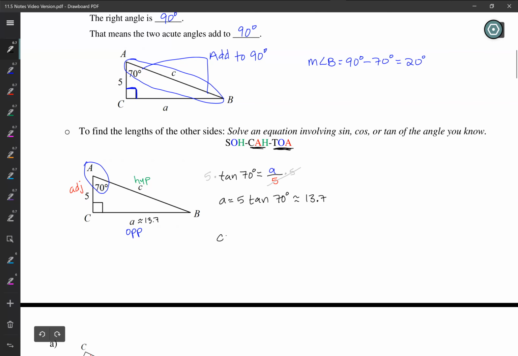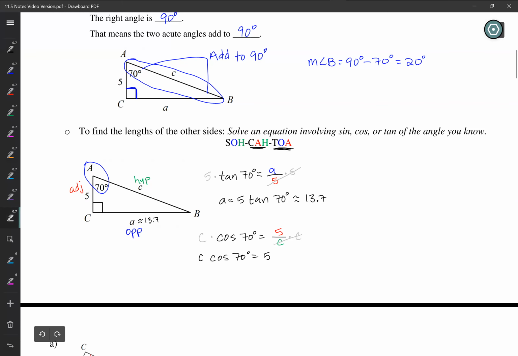So the cosine of my angle, 70 degrees, equals adjacent, which is 5, over hypotenuse, which is C. C is on bottom, so I need to do 2 steps. I've got to multiply both sides by C. So C times the cosine of 70 degrees equals 5.